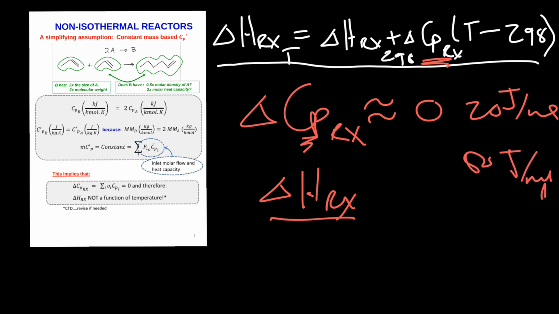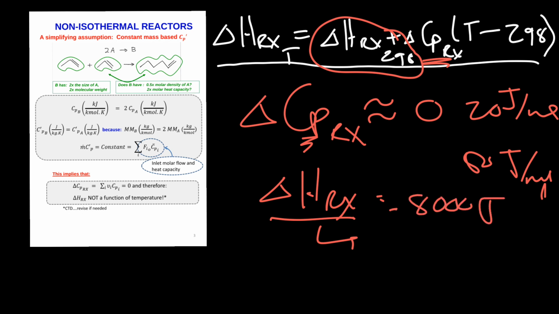But the del H reaction values, the one that we calculate at 298, is often in the thousands. 8,000 joule per mole reaction is a very mildly exothermic reaction. Minus 50,000, minus 60,000, that becomes significant.